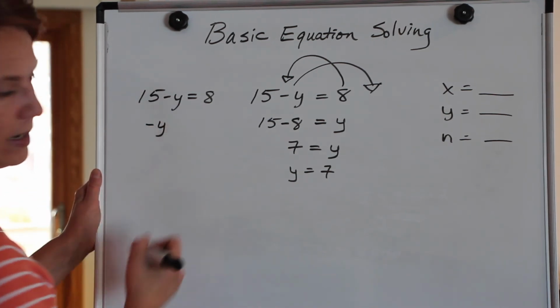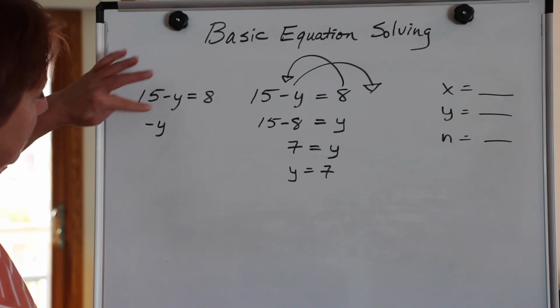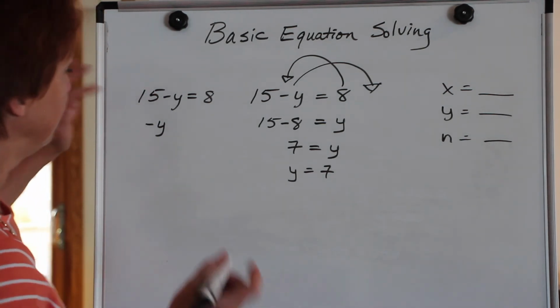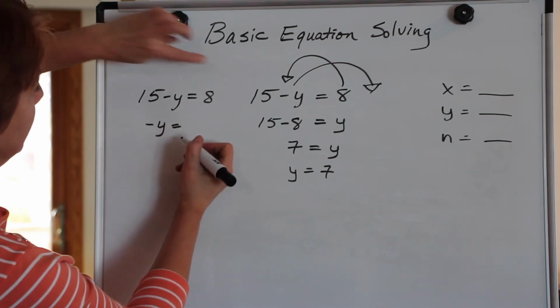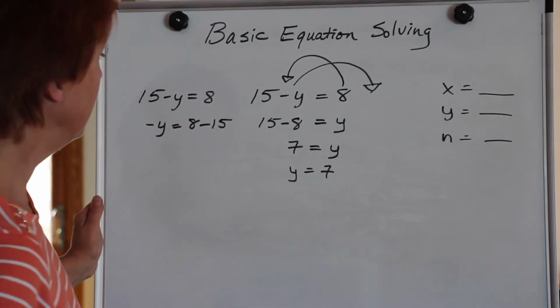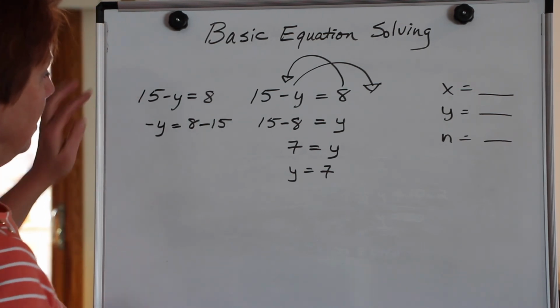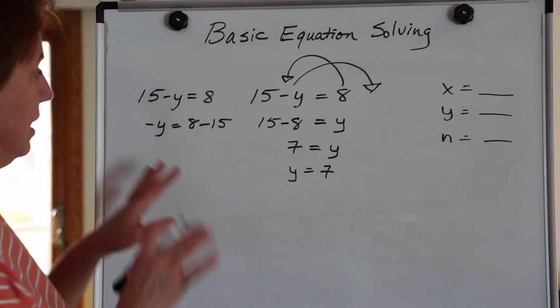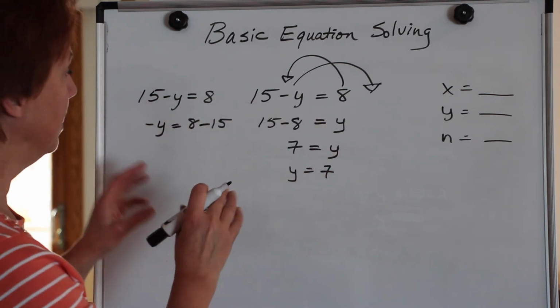So I'm going to write negative y, because it is negative and it's not moving. I'm not moving it to the other side of the equal sign this time. But I am moving the 15, so that will go negative, right? Because it's positive here.